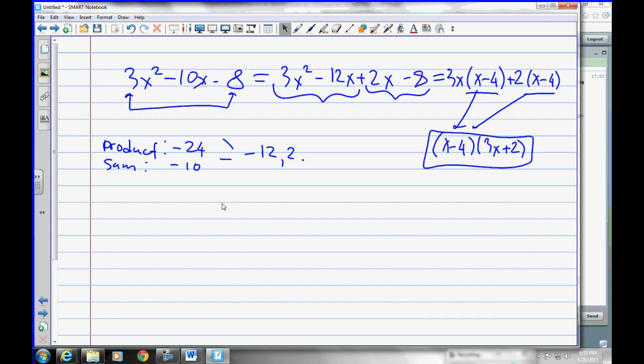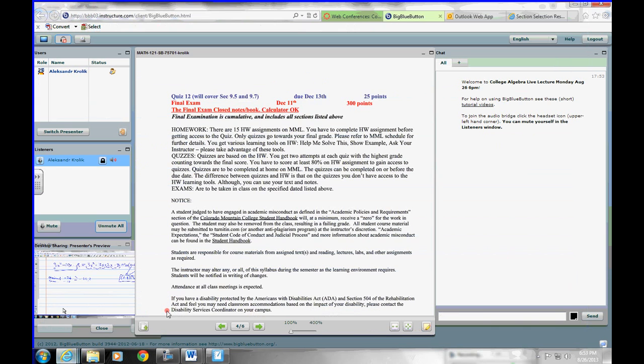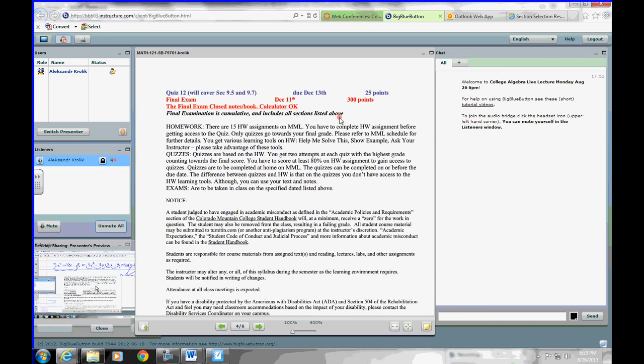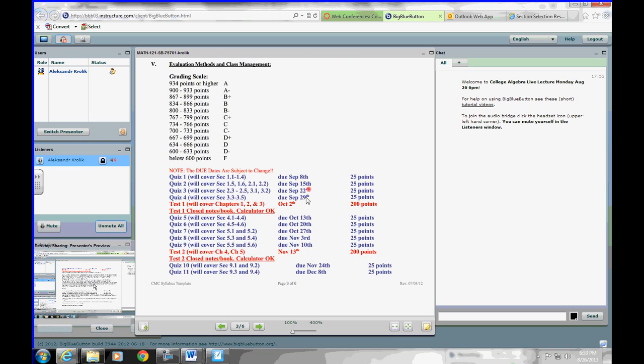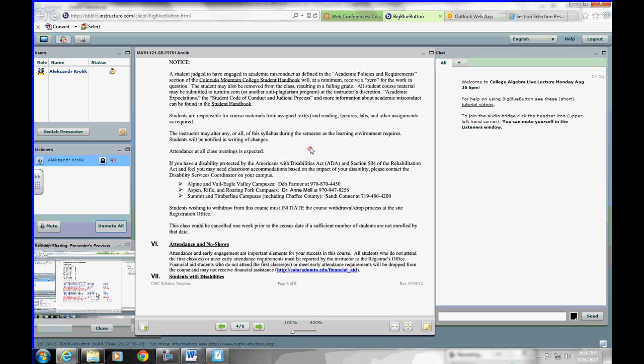Is there a quiz every week then? Well, basically, if you look at the syllabus, then yes. It's every week, starting not this week, but the week after. The first quiz is due on the 8th, and then it's every week. There is no quiz on the day of the exam except for the final. If you look at the final, that last quiz is really silly. There won't be too many questions, and it's due after the final, on Friday.